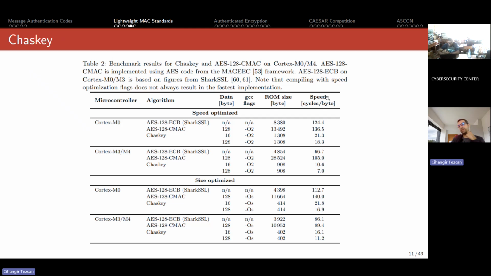For speed, this is cycles per byte, meaning how many cycles you need to process a single byte, so smaller is better. This is why they say they are 10 times faster than AES. They also require less memory to perform. These are speed optimized, and these are size optimized.